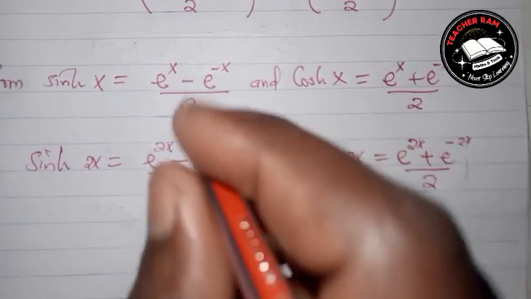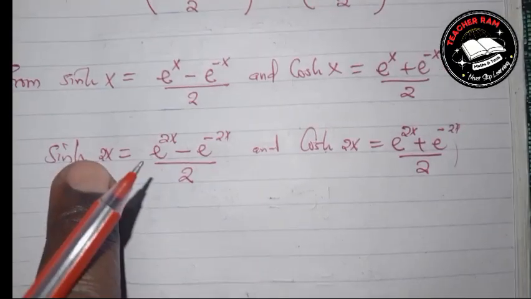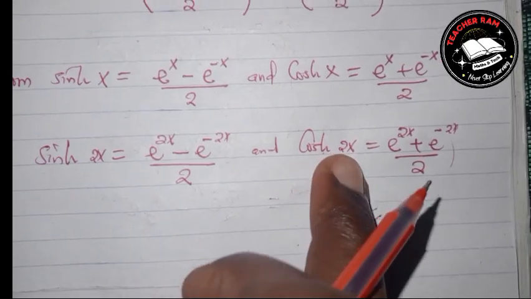These are the definitions of hyperbolic sine of 2x and hyperbolic cosine of 2x.